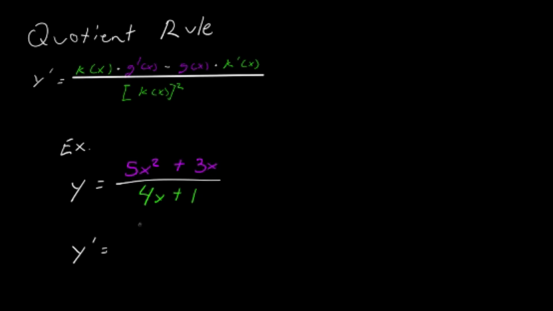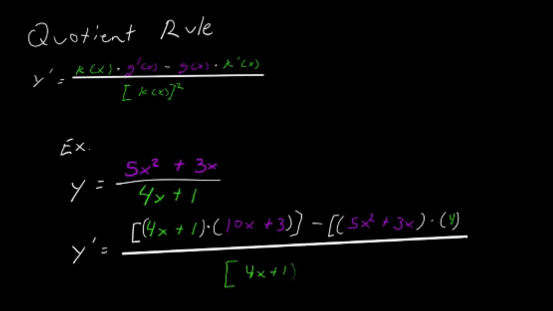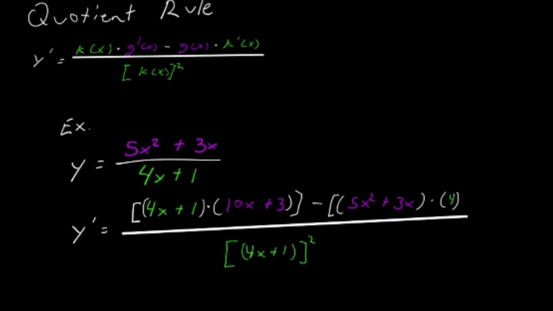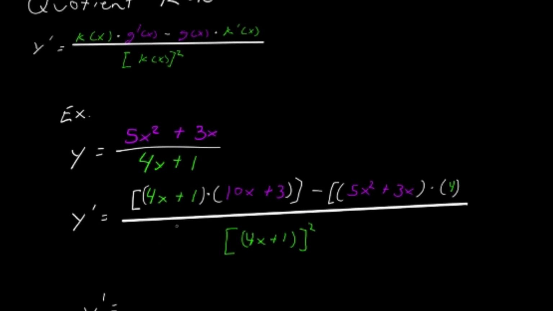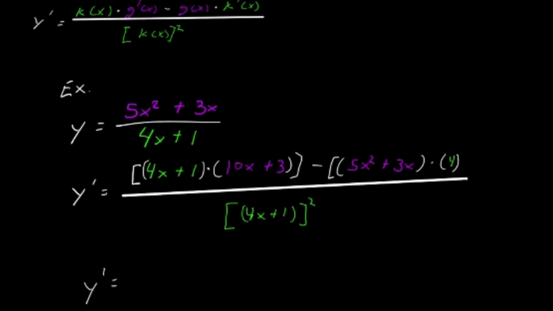Y prime is equal to 4x plus 1 times 10x plus 3 minus 5x squared plus 3x times 4, all over 4x plus 1 squared. 4x plus 1 came from k of x, 10x plus 3 came from g prime of x, 5x squared plus 3x came from g of x, 4 came from k prime of x, and 4x plus 1 squared came from k of x squared.